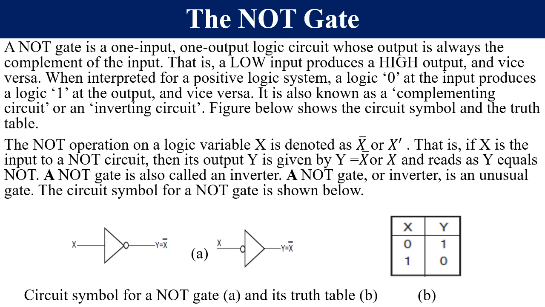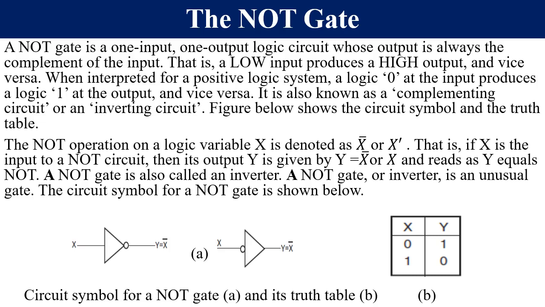A low input produces a high output, while a high input produces a low output. It produces an output which is always the opposite of the input. It is also known as a complementing circuit or an inverting circuit.